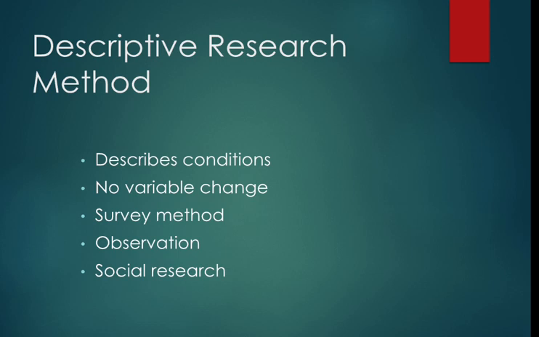For example, studying the reading habits of college students using questionnaires is descriptive research. It helps in understanding current trends and patterns. So, this study helps in understanding the trends among undergraduate students. It simply describes what is happening around them.